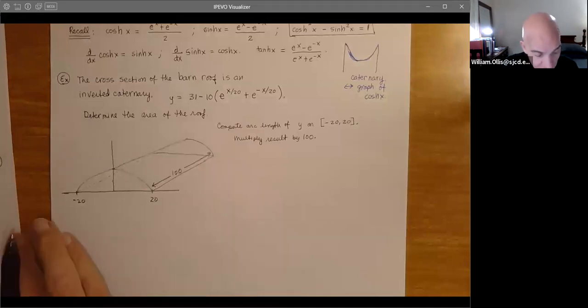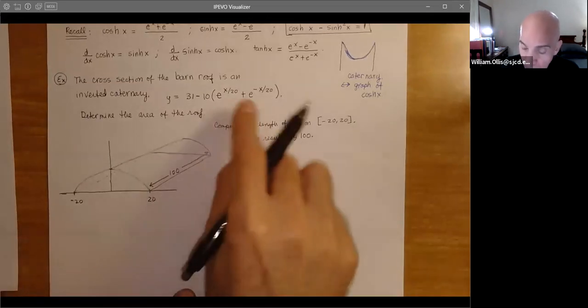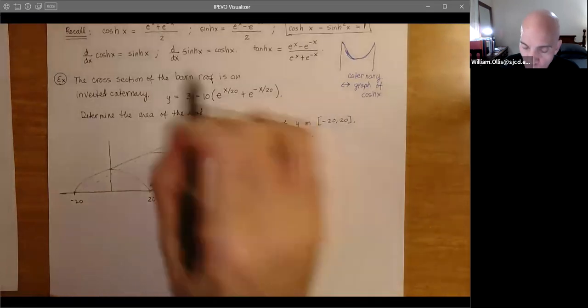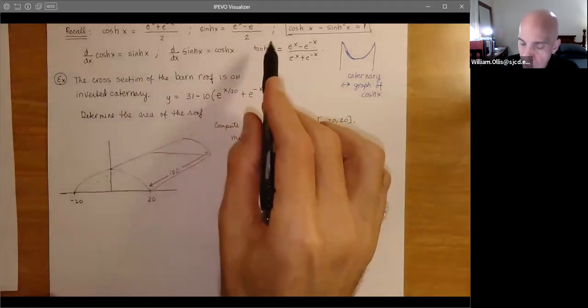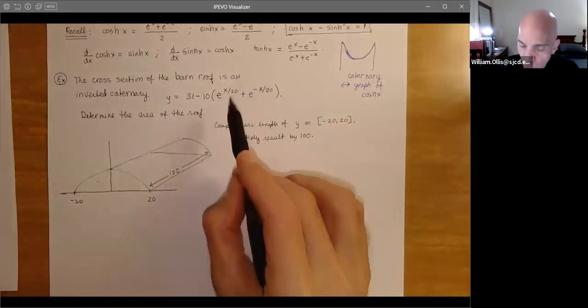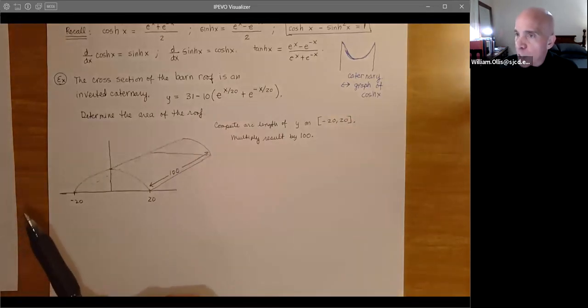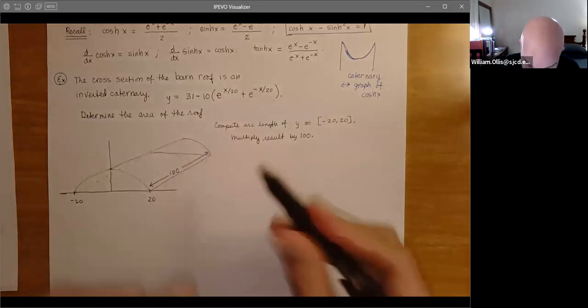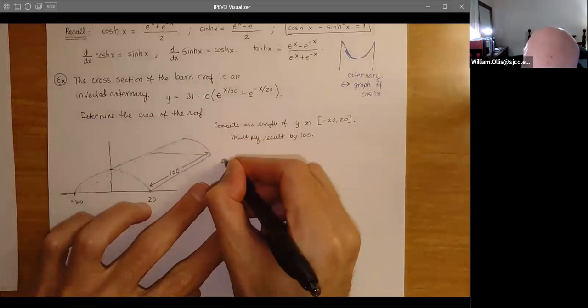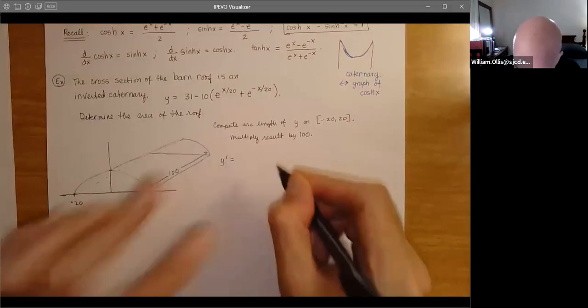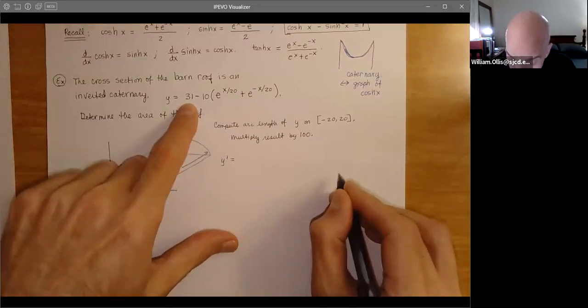So now what we can do here is just manipulate this. And of course, even if you don't recognize these formulas here, you still know how to do the calculus of the exponential that you learned in Calculus 1. So let's do the derivative first. The derivative of 31, of course, is 0.